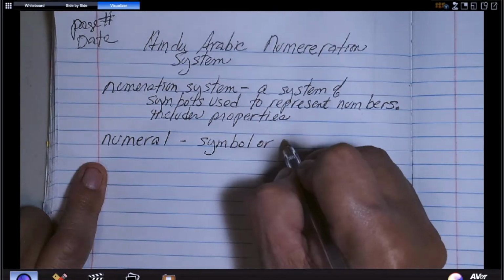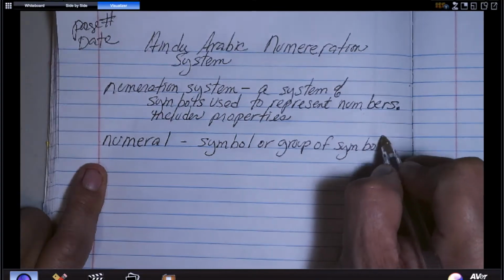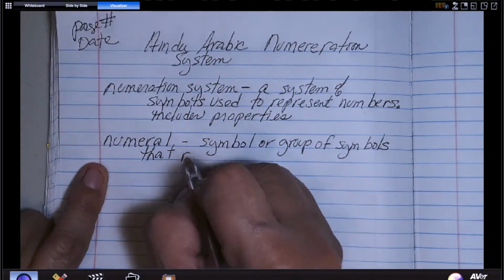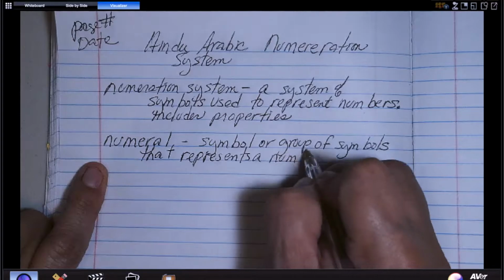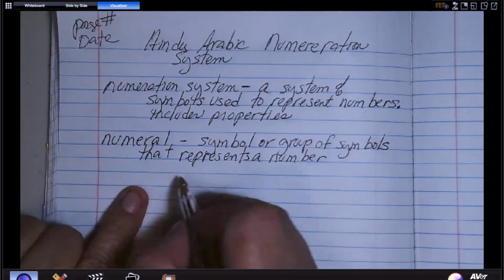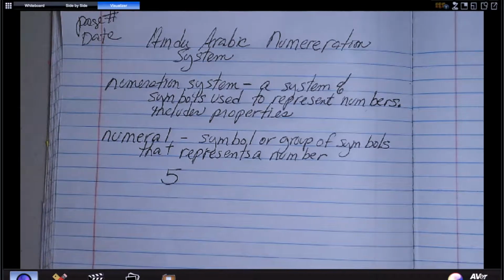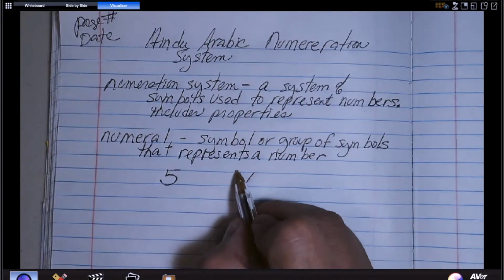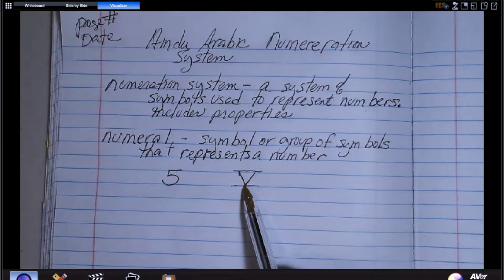So a symbol or group of symbols that represents a number. Okay, so for example, this symbol right here represents our number 5 in the Hindu-Arabic numeration system. Perhaps you remember the symbol V for the Roman numeral system. And so these are symbols that represent a number.